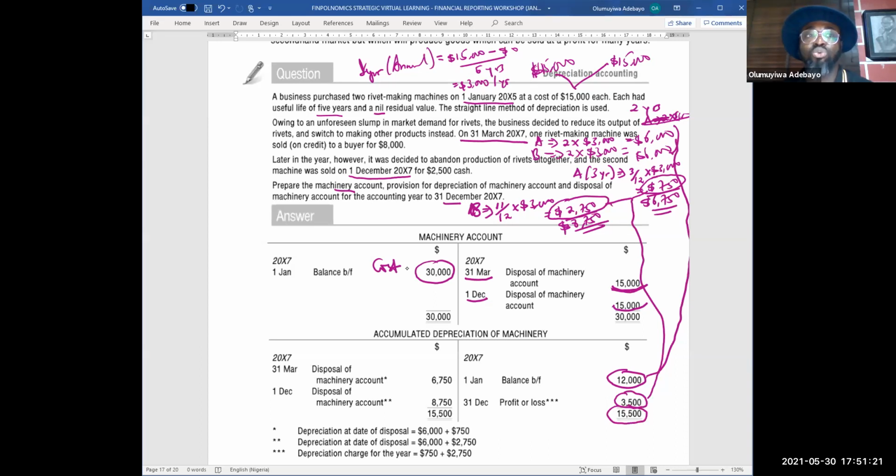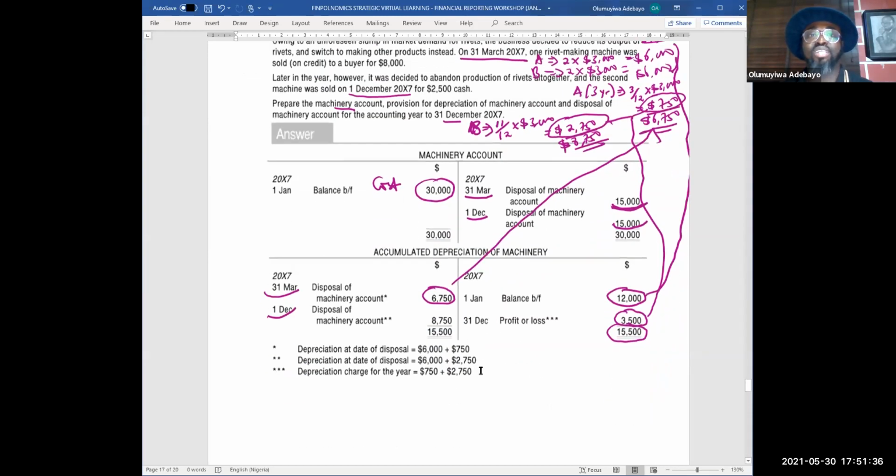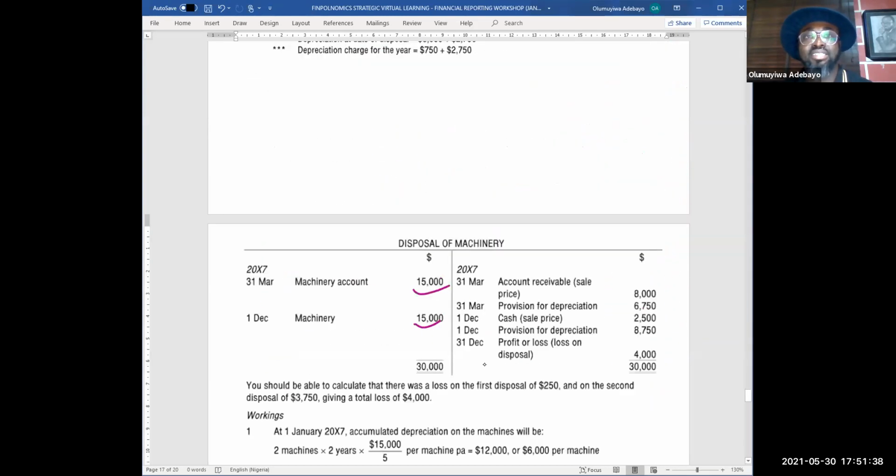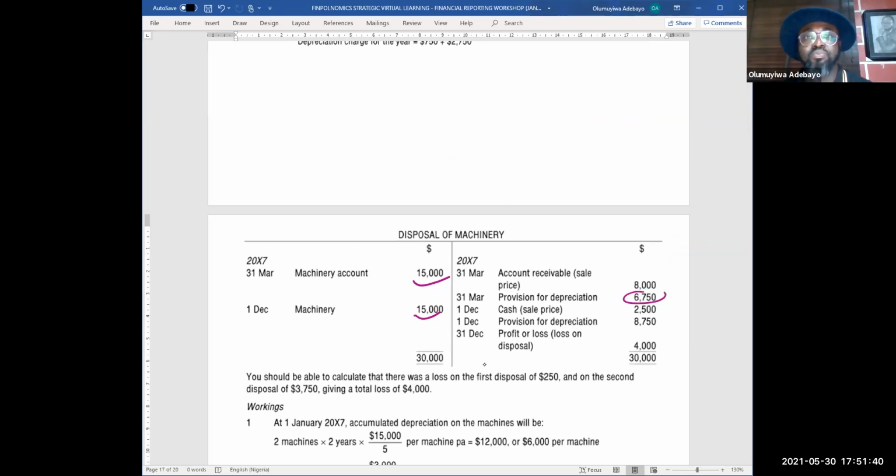And this amount will equally be derecognized in each period. As at 31st of March, 6,750, which relates to this, will be derecognized to the disposal account, so that once you charge it against this 15,000, that is your net book value at disposal.